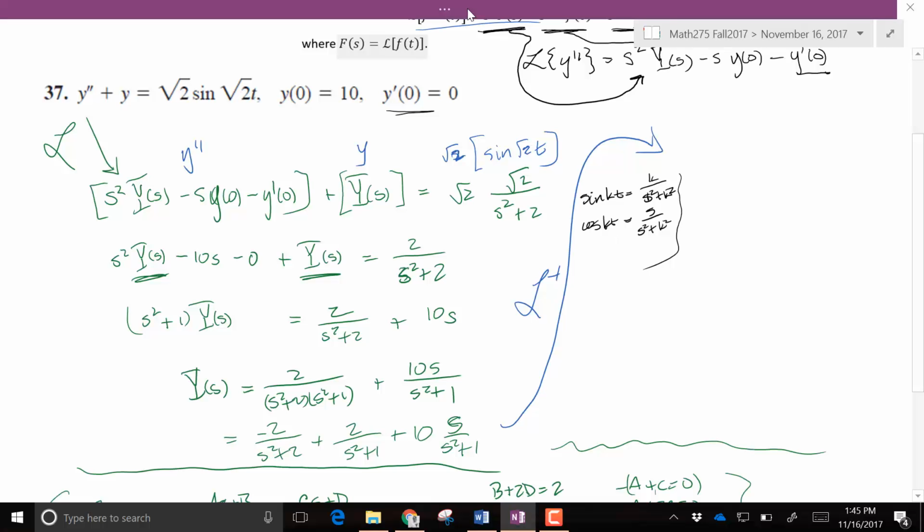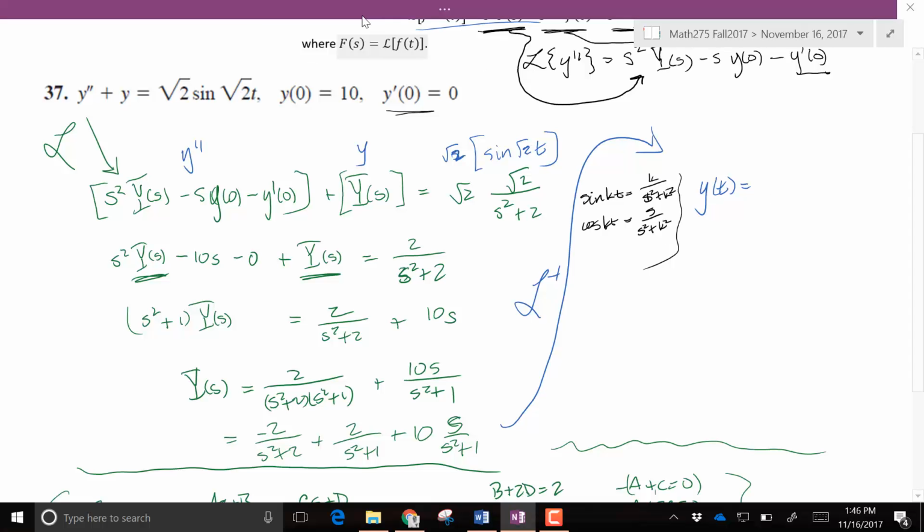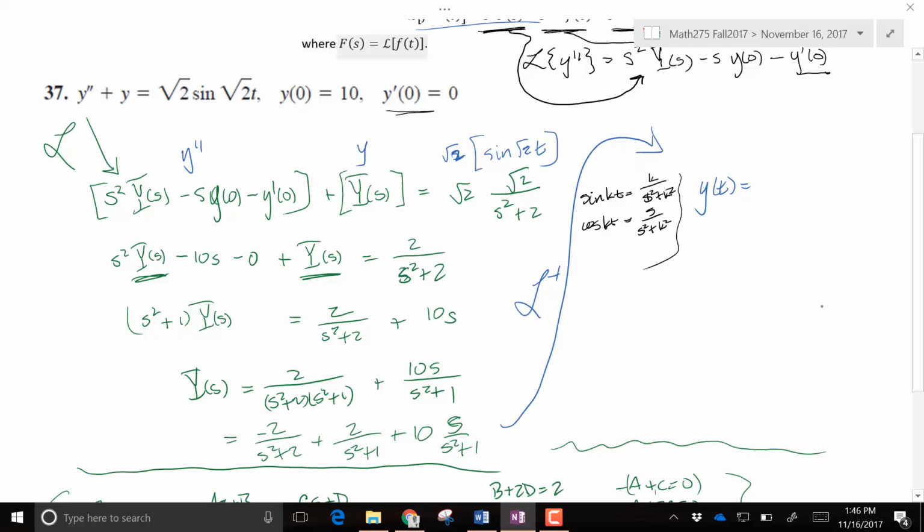So back in the real world over here, we're going to get our y of t equal to, there's a -2 constant, but we're going to want a matching constant. So we might need just a little bit more work in the Laplace world here, to get this to match up to our formulas.